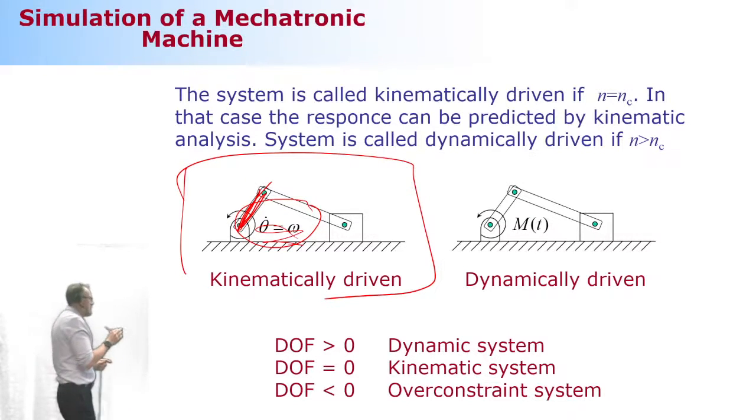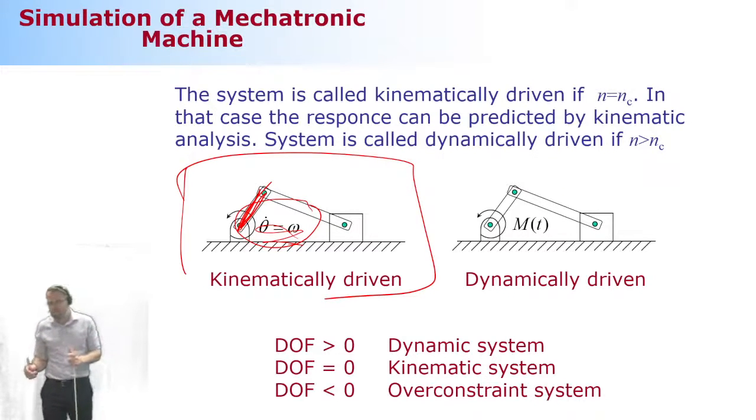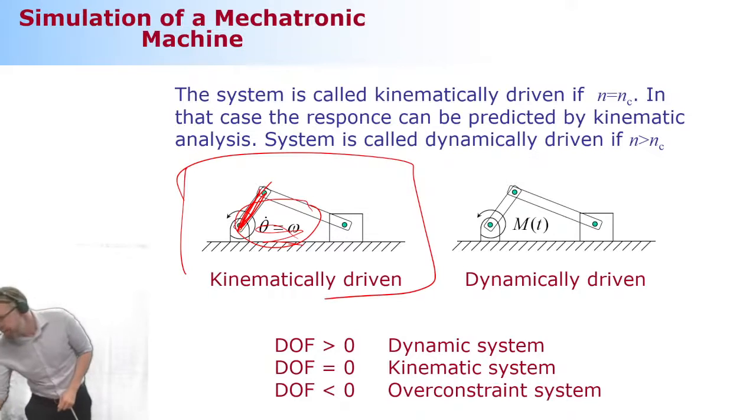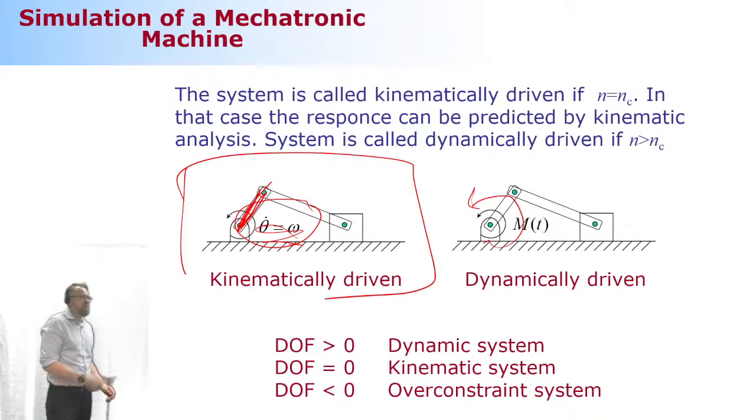Okay, what about the second scenario? Now, I'm not using predefined motion, but I'm putting a moment here. How many degrees of freedom will be taken away because of the force or the moment? How much? 2, 1? What about 0? What about no degrees of freedom being eliminated because of the force?